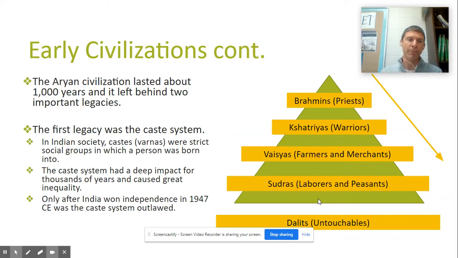And so this would be a lasting thing for centuries in India, the caste system, and it was outlawed in 1947 with India's independence, but I still think that it's prevalent. Families only want their children to associate with other social classes that are the same as them.